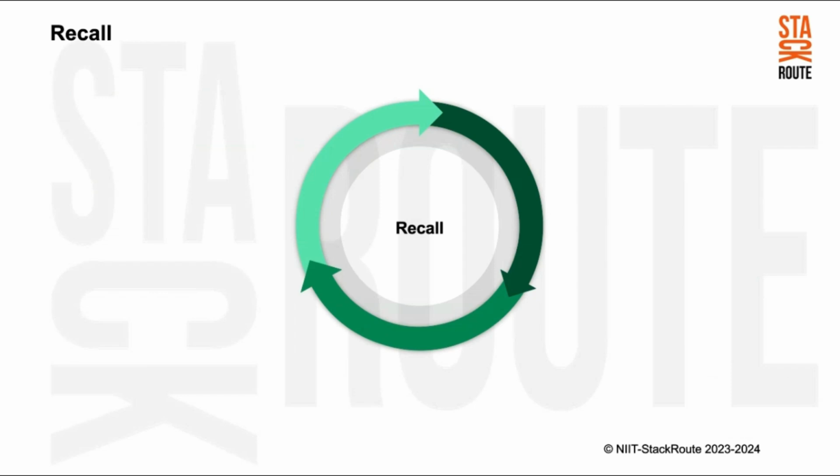Now, to quickly recall what we have covered in this session, we have seen that AI assisted programming refers to the use of artificial intelligence techniques to improve the efficiency and accuracy of software development. This can involve a range of tools and techniques, including code generation, optimization, and so on.